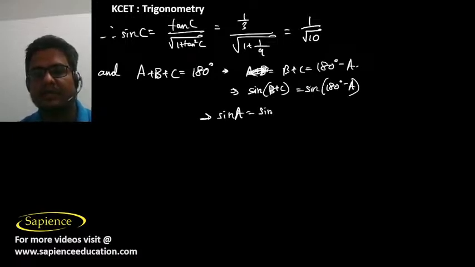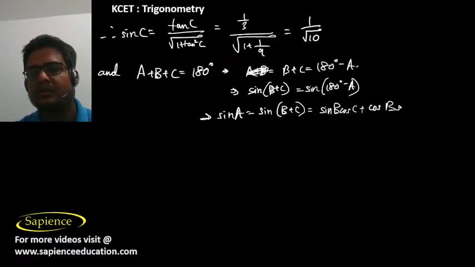Sine A will be equal to sine B plus C, that is equal to sine B cos C plus cos B sine C.